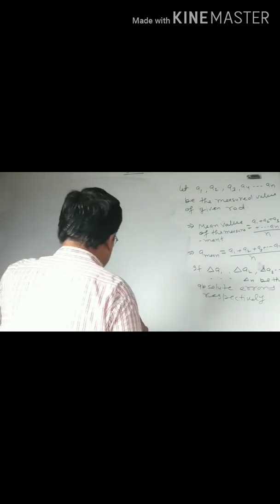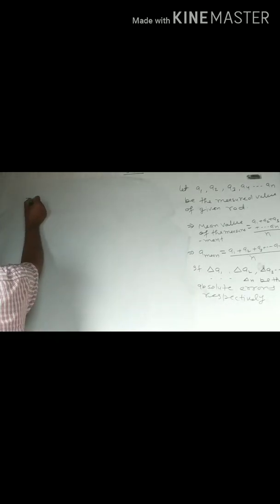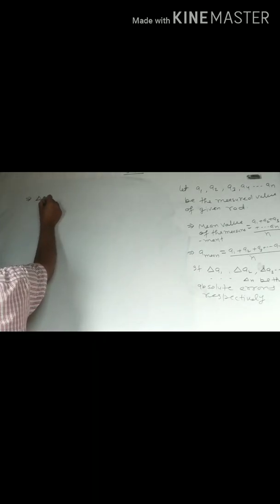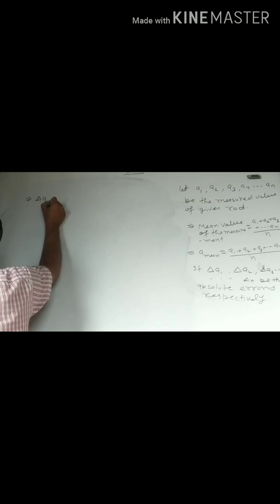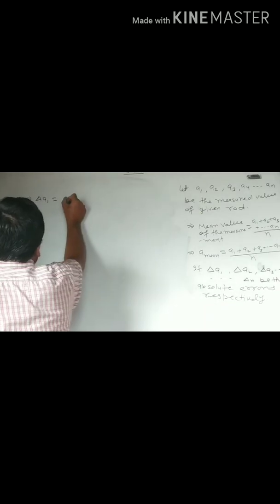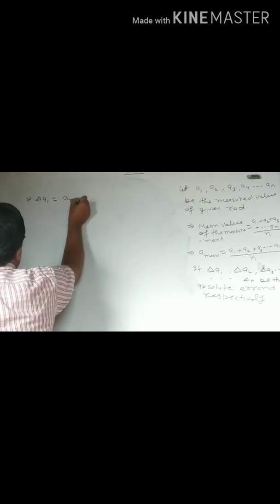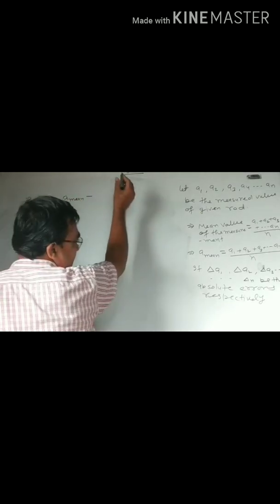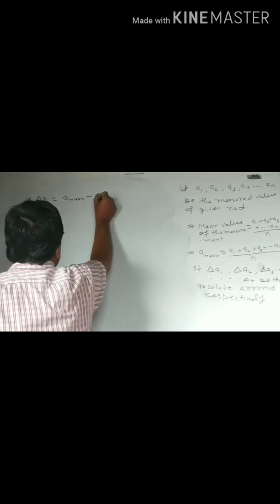Now delta A1 is equal to A mean minus A1.